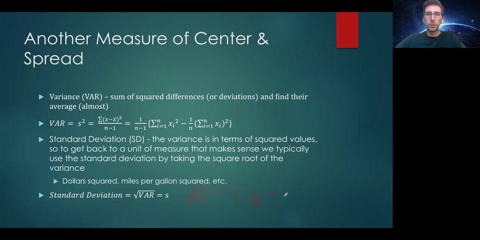And that would be our standard deviation, which we could just write as this little s. Instead of s squared for our variance, just call it s. Okay, and that is the mean and the standard deviation.